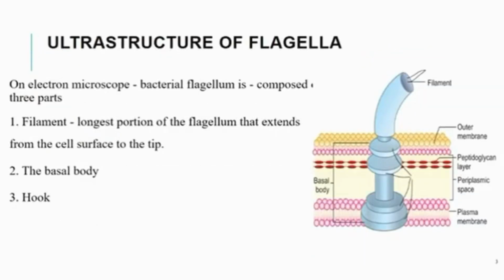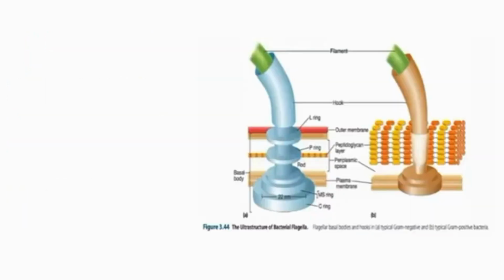So the ultrastructure of flagella on electron microscope: the bacterial flagellum is composed of three parts. The first part is the filament, which is the longest portion of the flagellum that extends from the cell surface to the tip. Next comes the basal body, and the third part is the hook.